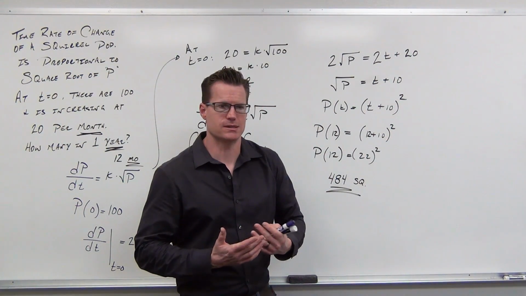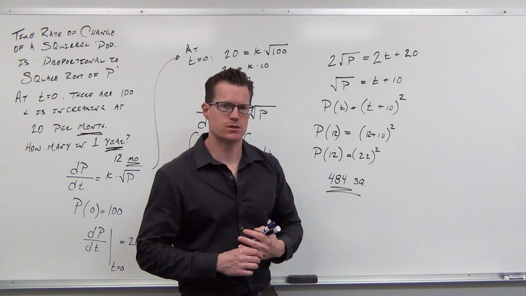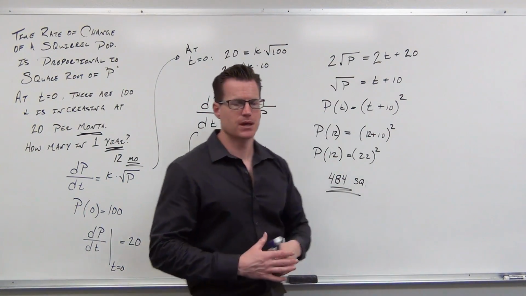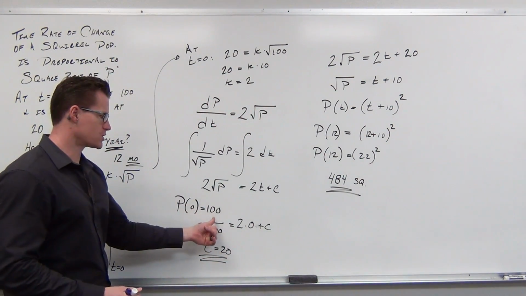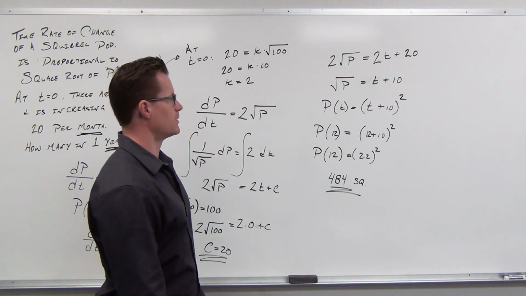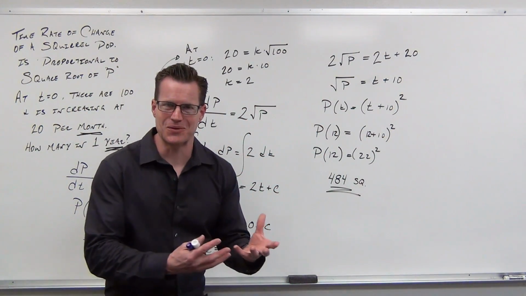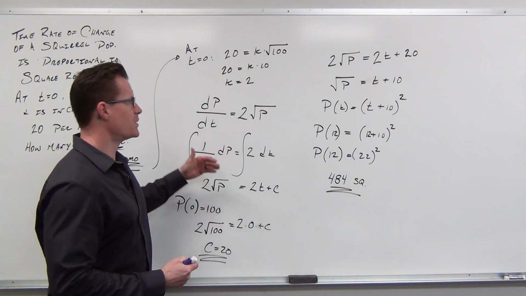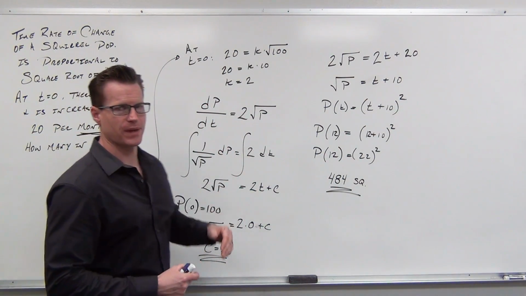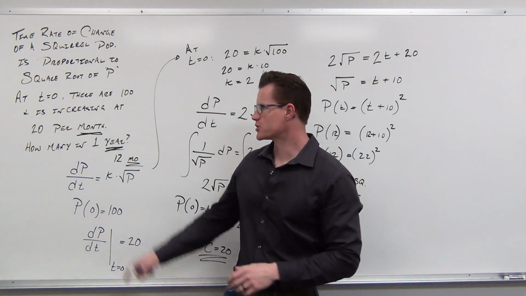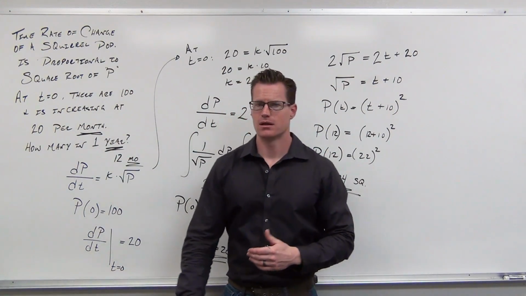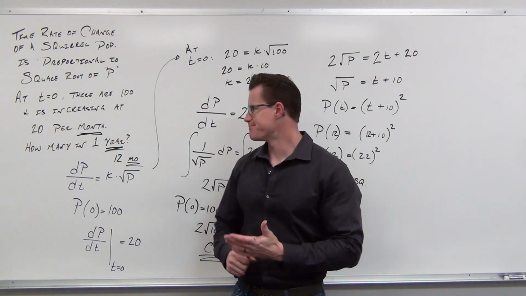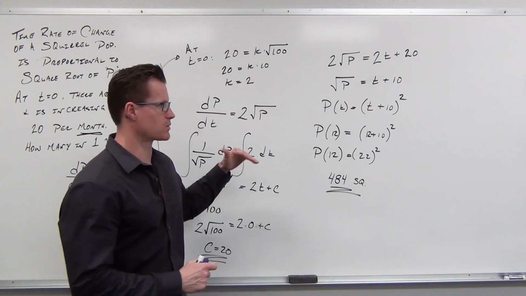The threshold would be like 0. The only way that you would go to extinction is if you didn't start with anything here. So if you started with a 0 population, then yeah, our constant would be 0, but there'd be nothing to start with. So there's no way that we could ever increase. That wouldn't even make sense. But if we start with any population at all, and we say this is what's happening here, just an arbitrary increase at 20 squirrels per month, then we're going to be increasing forever.